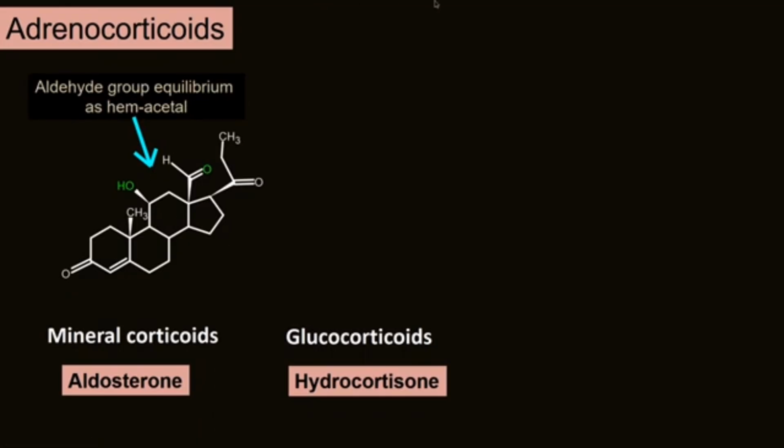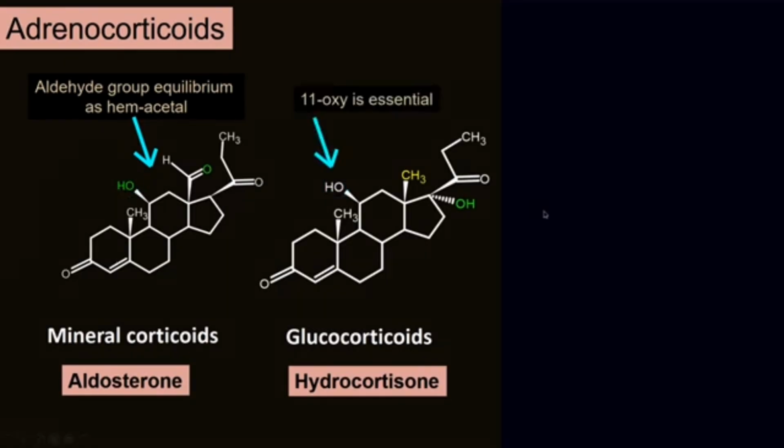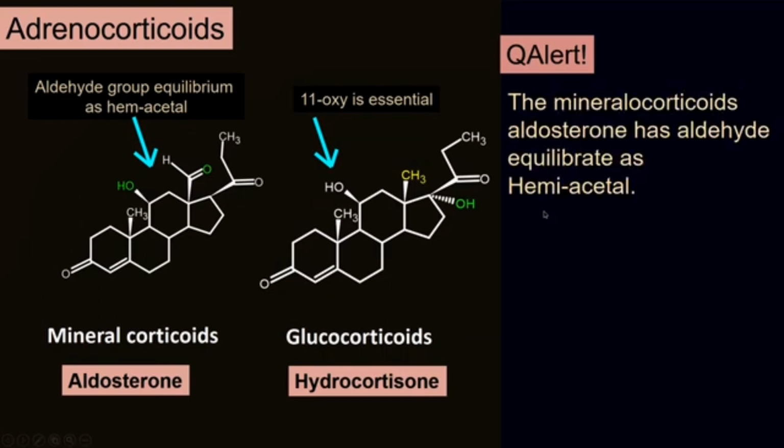The aldehyde group is in equilibrium and forms a four-member ring or five-member ring between here, and that is known as hemiacetal. Whereas the glucocorticoids, obviously they have a methyl group here, and for both of them, the 11th position hydroxyl groups or ketone groups are essential for their activities. So next here, the question alert is the mineralocorticoid aldosterone has aldehyde in equilibrium as a hemiacetal.